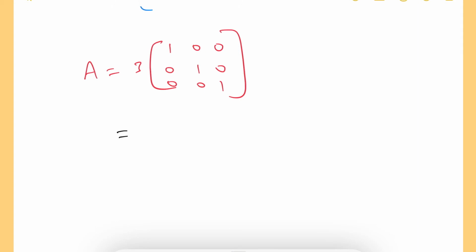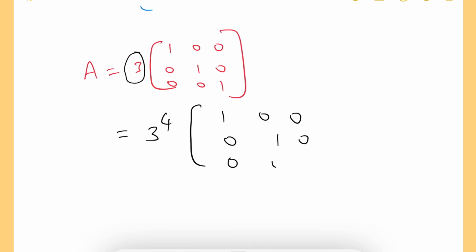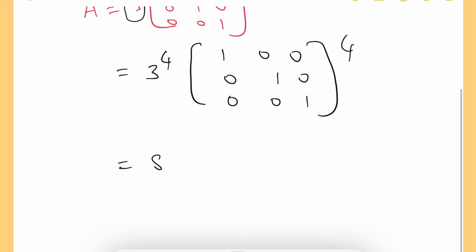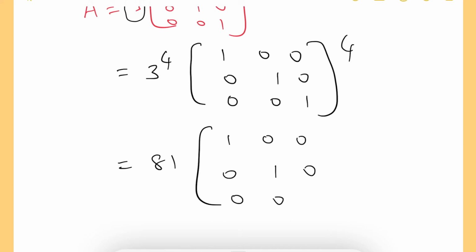Now whatever the number which is there outside, just concentrate on that number: 3 power 4 into 1 0 0, 0 1 0, 0 0 1 whole power 4. So 3 power 4 is nothing but 81. Already I said for the unit matrix, whatever the power may be, it always leaves a unit matrix or identity matrix. So 1 0 0, 0 1 0, 0 0 1.